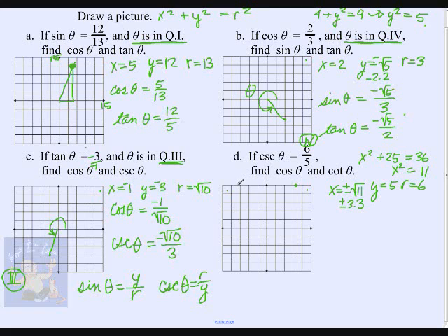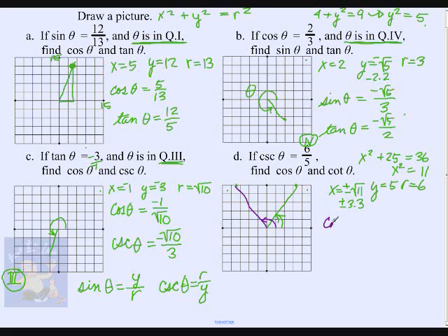We don't really know, is right here. So we've either got, I better use 2 colors, huh? We've either got this angle here, or I've got this angle here. Either one is possible because both of these angles would have a cosecant of 6 over 5.